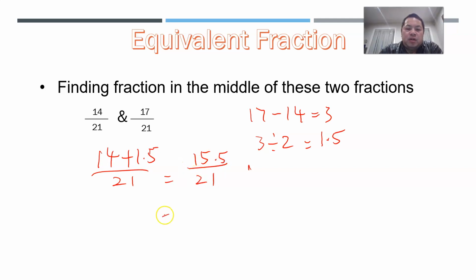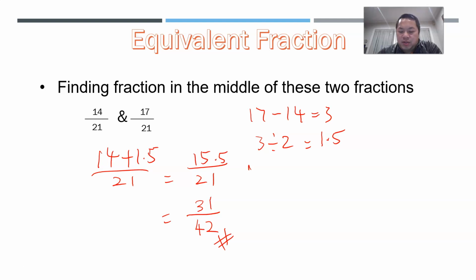Bad news. We can't have a decimal in a fraction. So we need to multiply by 2. That's how I get 31 over 42, the fraction that is in between 14/21 and 17/21. So that's a fraction that is in between.